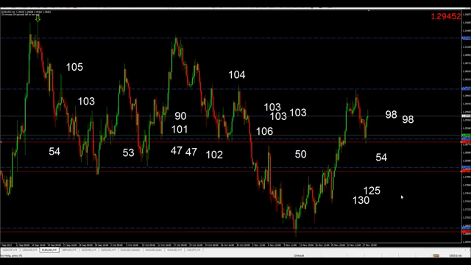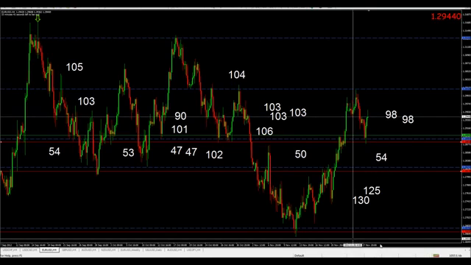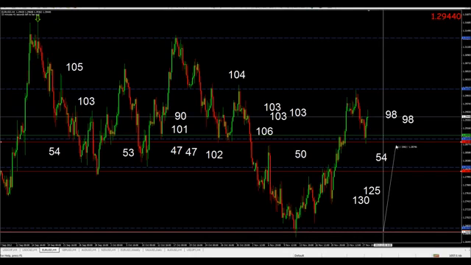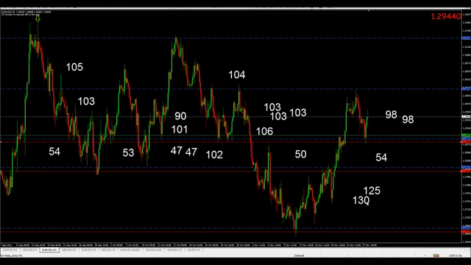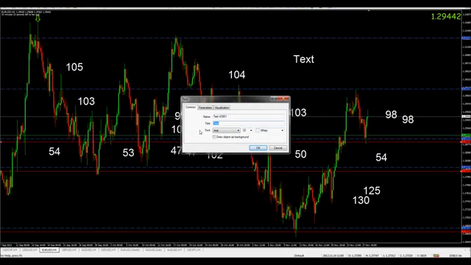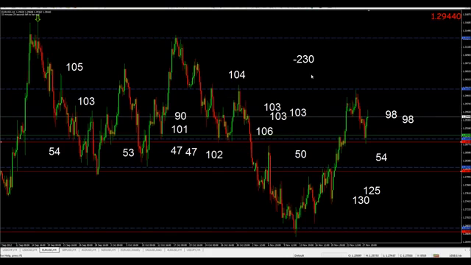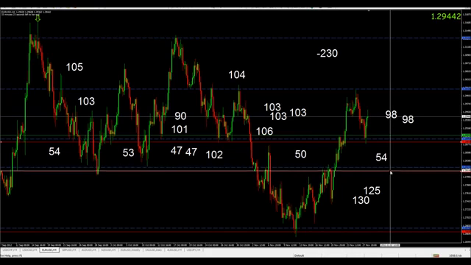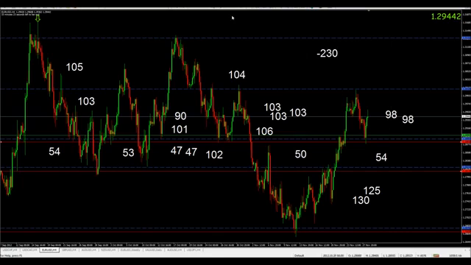So what we can see now on the chart is we have 3 negative sell trades, so I'll add them up. One is minus 230. The other one is minus 84.